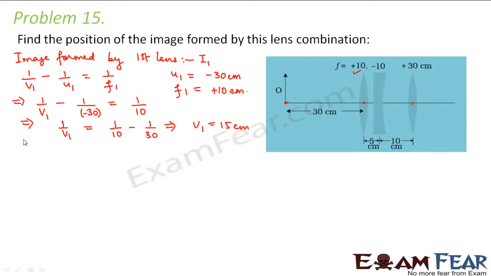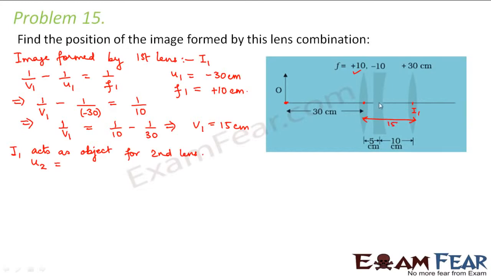Now this I1 acts as object for the second lens. So for the second lens, what would be the object distance U2? This is the second lens. I1 would be located somewhere here because it is located at 15 centimeters from the first lens.